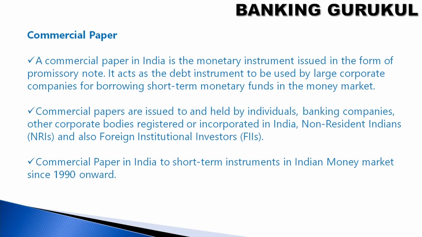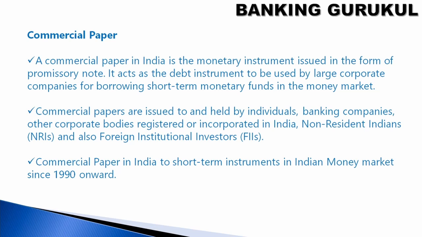Commercial papers are issued and held by individuals, banking companies, other corporate bodies registered or incorporated in India, non-resident Indians, and also FIIs. So who can issue a commercial paper? Banking companies, foreign institutional investors, NRIs can issue commercial paper.